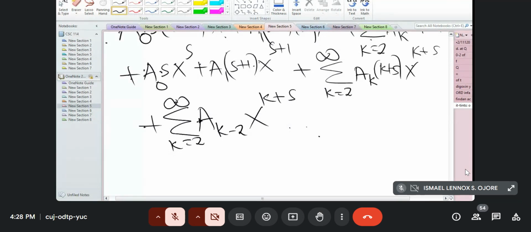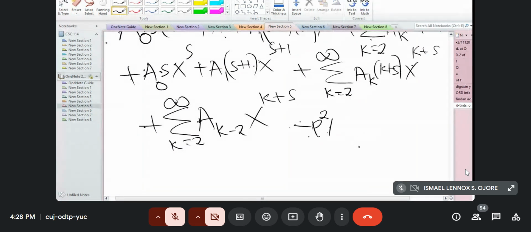Plus, no, the fourth term is a minus. Minus p squared A naught x power s. We can just distribute the minus. I don't have to do 2 steps here.